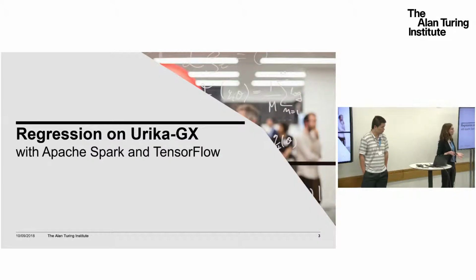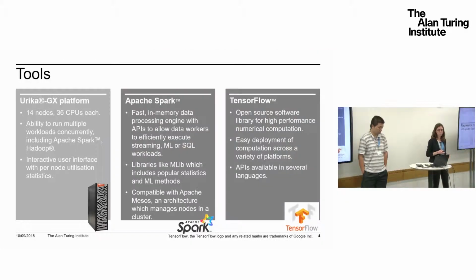So how to do regression on Eureka? There are many ways to do it, but we've focused mainly on Apache Spark and TensorFlow. Apache Spark and TensorFlow are both very popular libraries at the moment for machine learning.